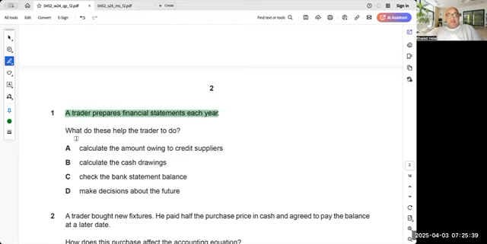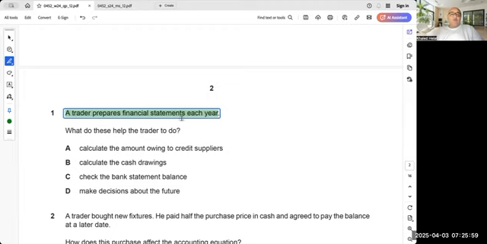A trader means self-employed, a business owner, a carpenter, plumber, electrician, any of those, who prepares financial statements each year.